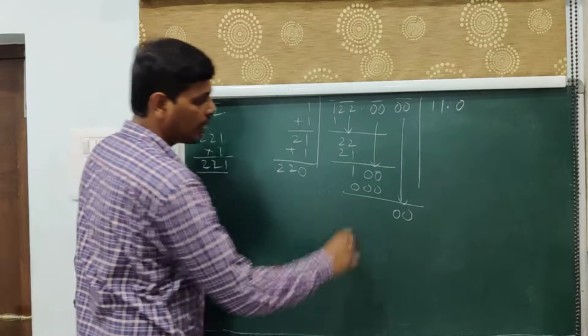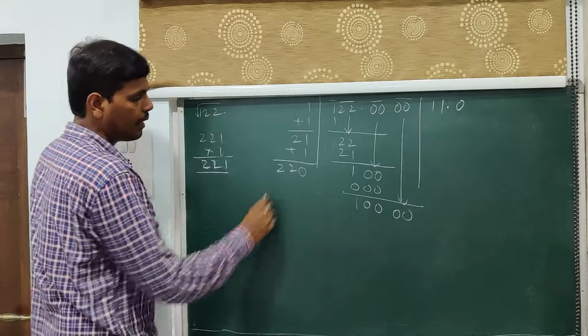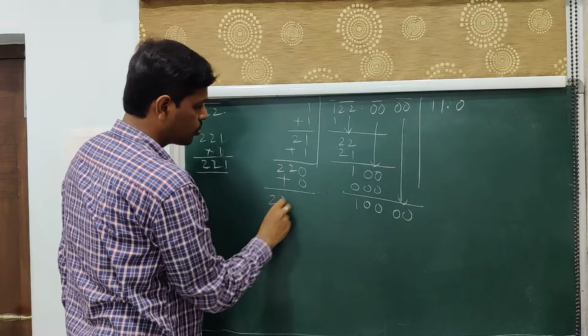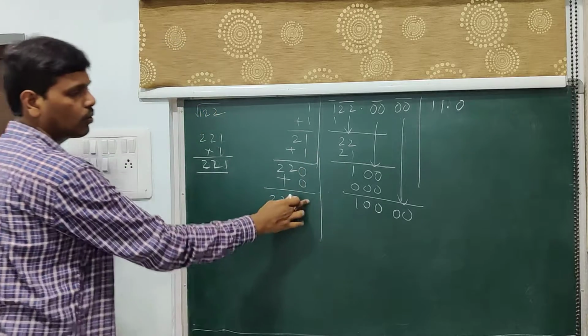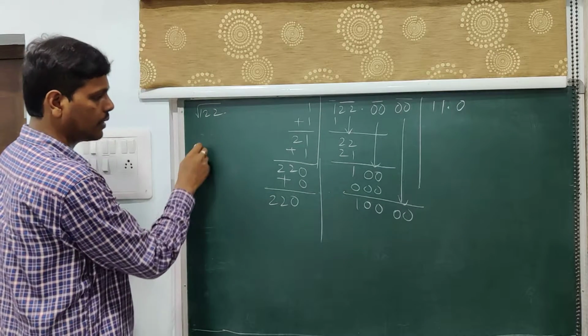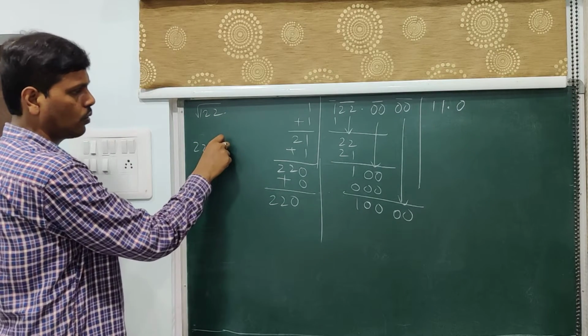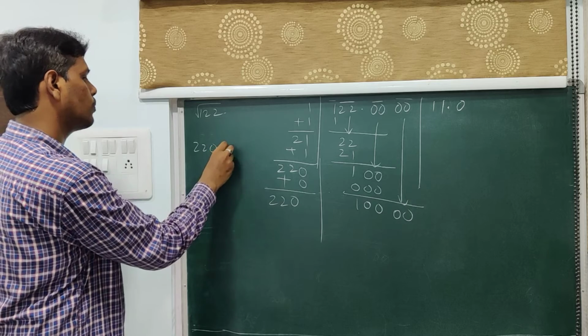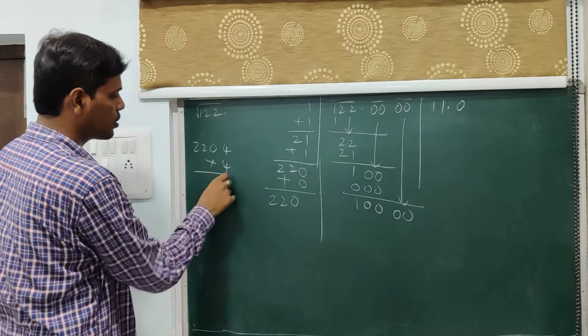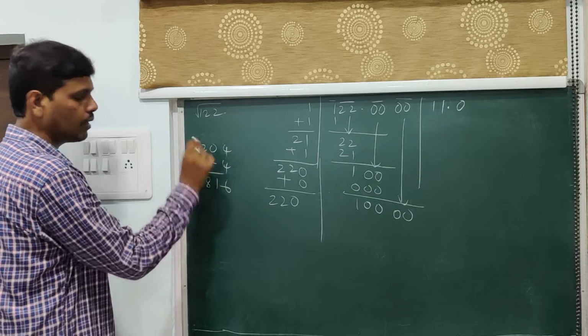Then carry forward this pair of zeros. 100 minus 0 gives you 100 again. Now add upon whatever the number you have taken, add upon the same number. So 2, 2, 0. Now whatever the number you place here, multiply with the same number. So if I take 2, 2, 0, 4 for example, 4 4s are 16, 8, 8.